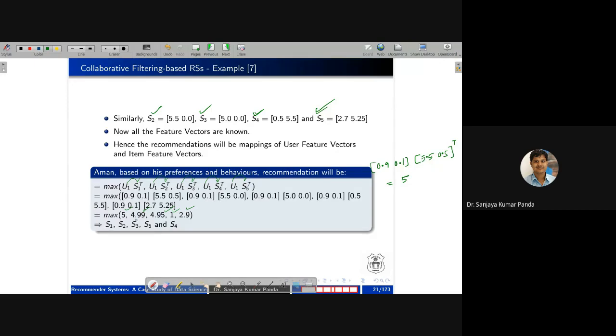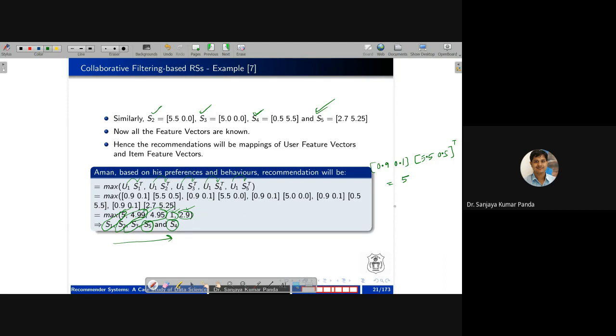So if you look at this, the highest value is for smartphone S1, right? Second highest value for smartphone S2, third highest for smartphone S3, and the fifth one is coming in the fourth place, and the fourth one is coming in the fifth. So in this order, you are going to suggest different smartphones to the user.